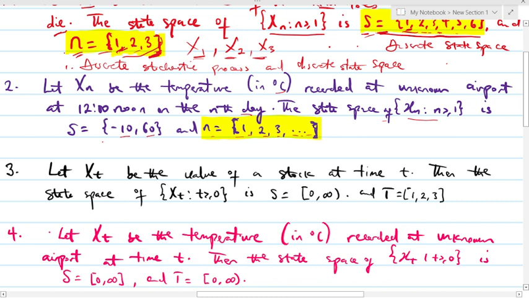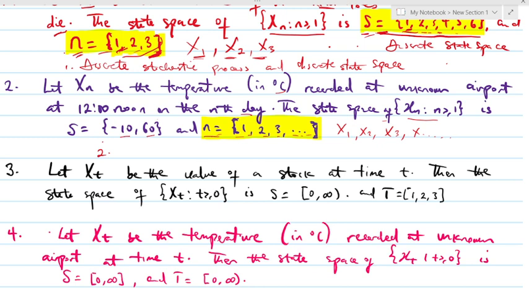That is, we have to find the temperature of that airport at x1, at x2, that is, when time is 1, after 1 time, after 2. Maybe if the time is in seconds, maybe after 1 second, after 2 seconds, after 3 seconds, and so on. So this is infinite. So this makes this stochastic process to be, because it is infinite, to be continuous, and that will be the second type of stochastic process we have.